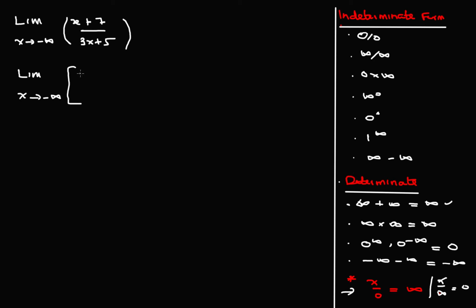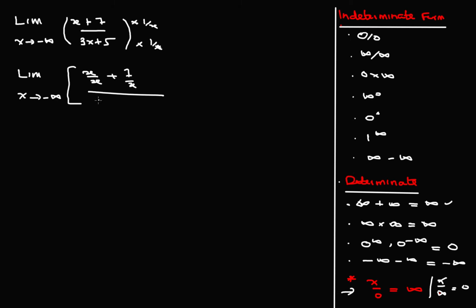So here we're going to divide here by x, there by x. Or we're going to multiply by 1 over x and 1 over x. So I multiply throughout by 1 over x, then I multiply throughout by 1 over x at the bottom. If I did that, I'll have x over x plus 7 over x.